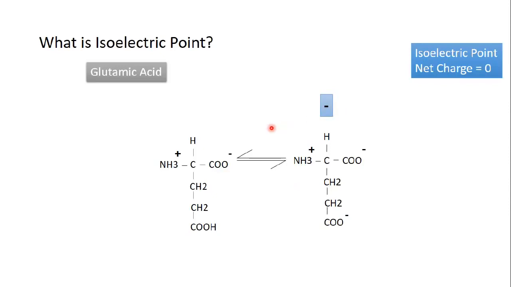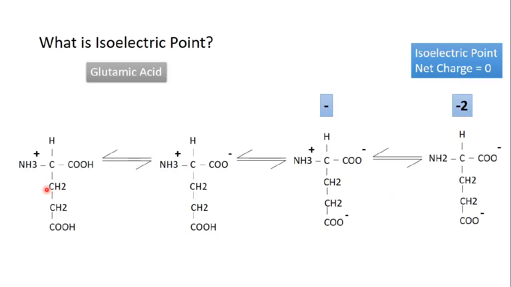If we further increase the pH, the amino acid will hold a -2 charge. But when we decrease the pH, at lower pHs, both the carboxyl groups will be protonated, so they will hold no charge, so they will be deionized, and then the amino group will be protonated, so it will be ionized, and then the amino acid will hold a positive charge.